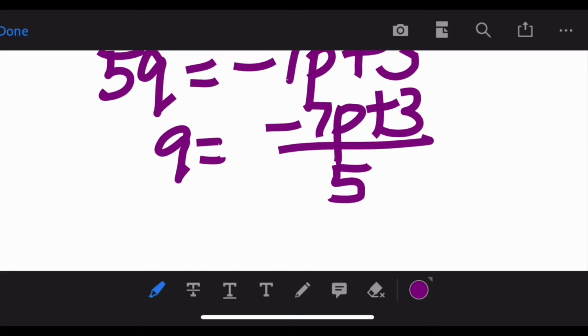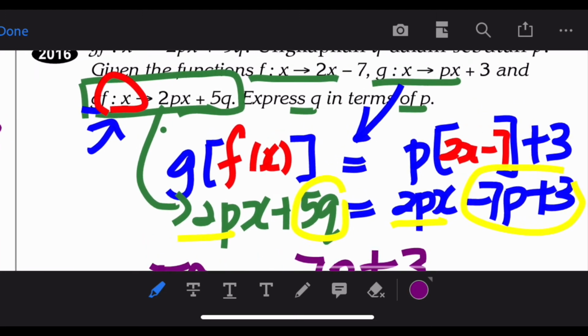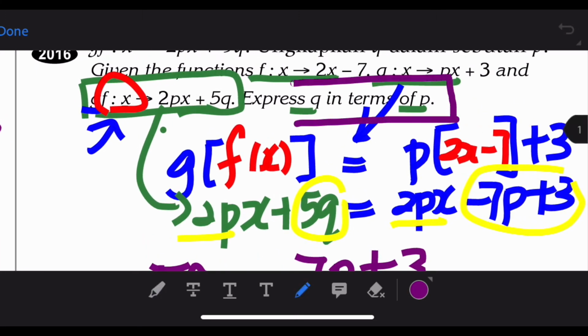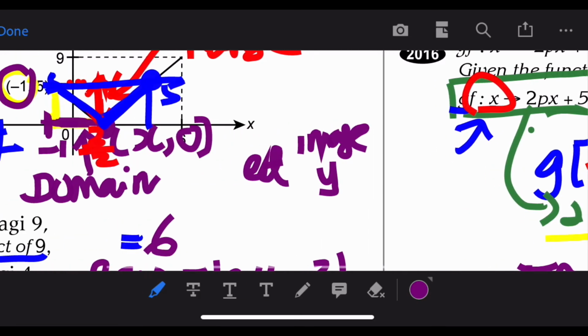So this is the answer for q in terms of p. Be careful, sometimes they might want p in terms of q. So p in terms of q and q in terms of p will be totally different. So this is basically the paper 1 question for the function.